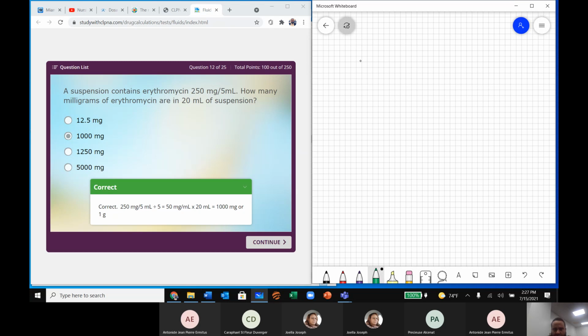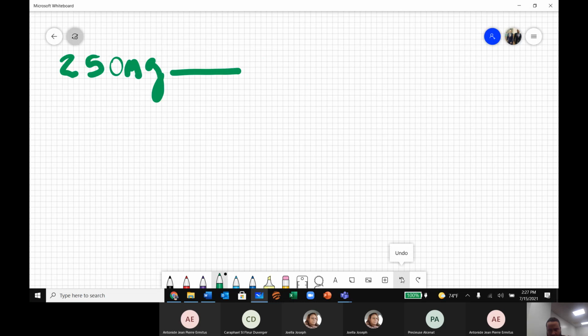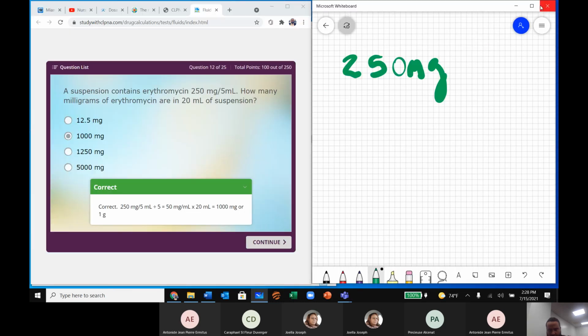Let's put some colors. For example, we have 250 milligrams per 5 ml.